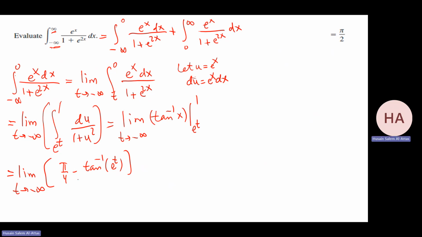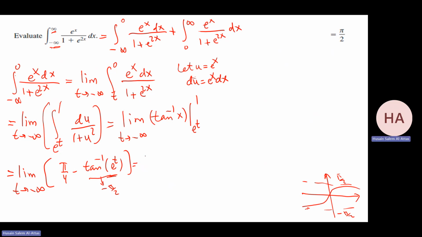Now what I have? Tan inverse of e to the minus infinity. I know the tan inverse function, let me draw it here just to remind you. As x goes to minus infinity, this one goes to minus pi over 2.